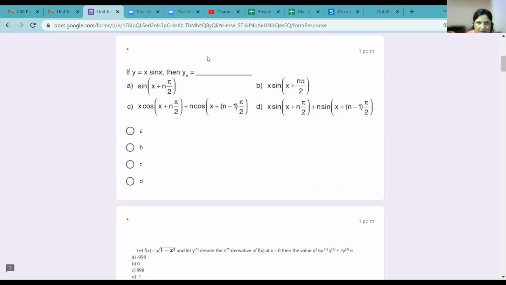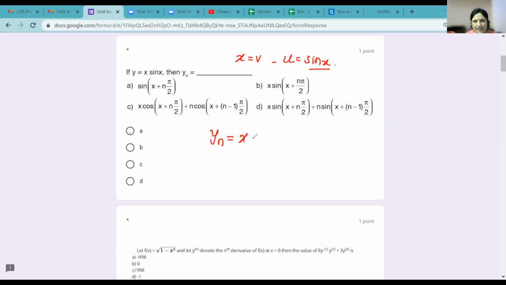Yes. Look at this. If v is equal to x and u is equal to sin x, then according to the Leibniz theorem, here we are using the direct result of standard functions.